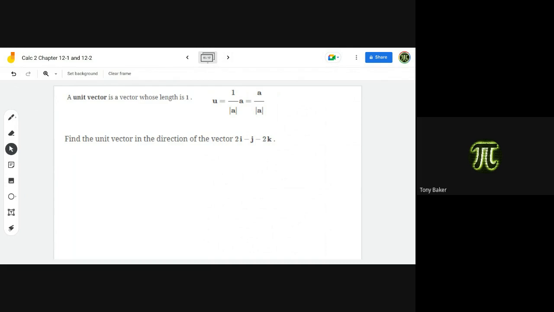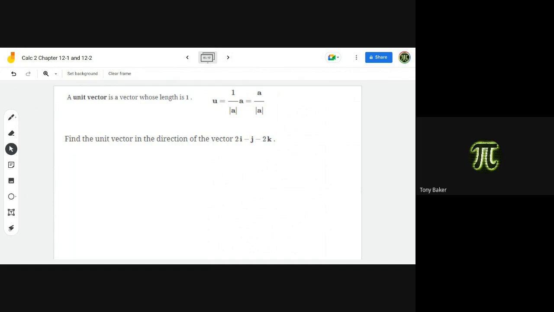It's going to have the exact same direction, just the length is going to be 1. So unit vectors are really good to tell me direction, but not really length. To do this, all we do is divide each part by its magnitude, because we want to make it 1. If we divide the length by how long it is, you get 1.